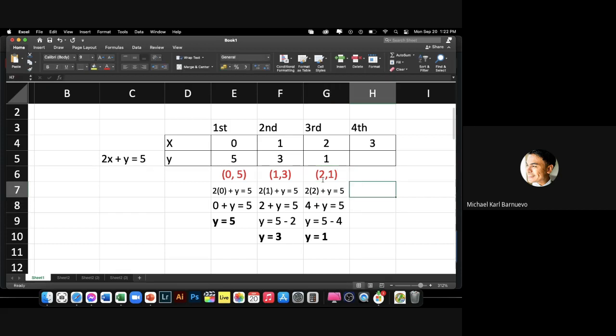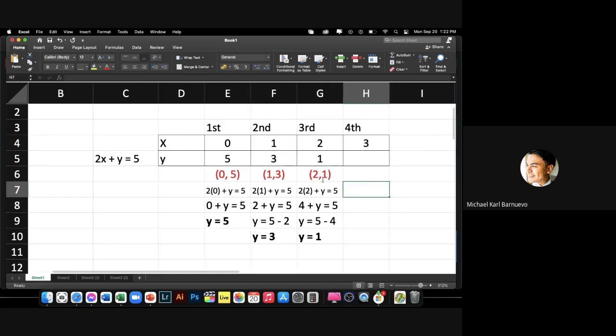Okay. Last coordinate tayo. Fourth coordinate, we substitute 3 dun sa x. So that is 2 times 3 plus y is equal to 5. Okay, so 2 times 3, that is 6, plus y is equal to 5. Transpose again, y is equal to 5 minus 6.